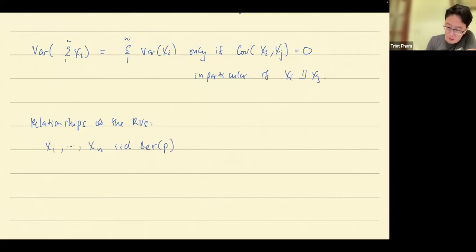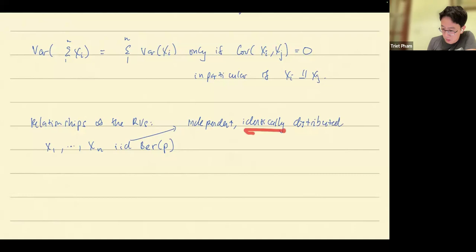IID here means independent and identically distributed. The second part is sort of redundant if you say that they're all Bernoulli, but it's conventional that we just list out IID together. So basically we have N independent trials.